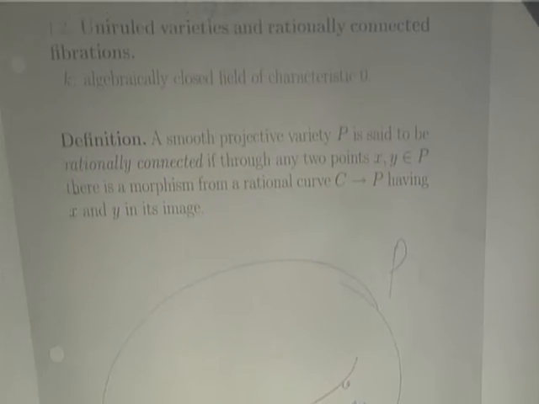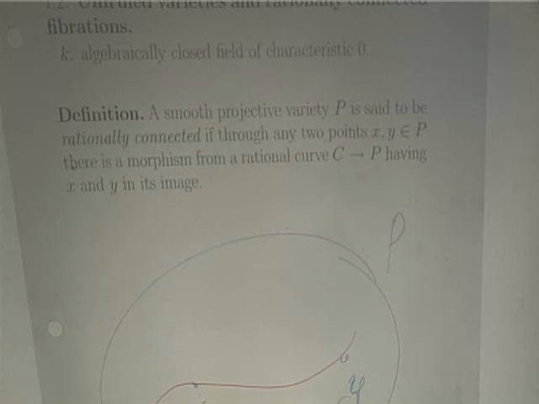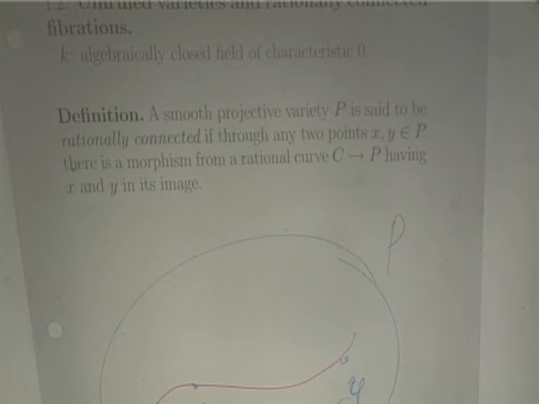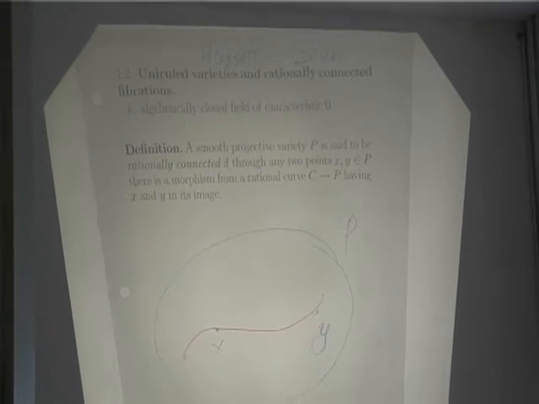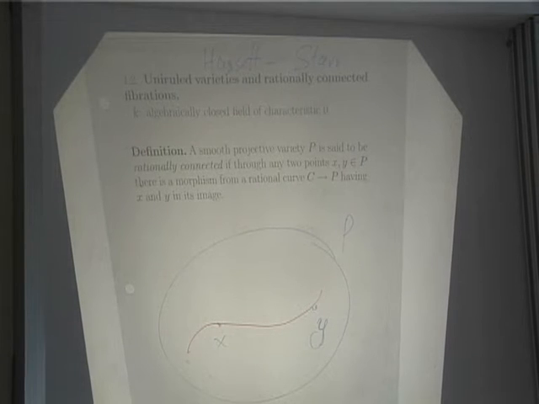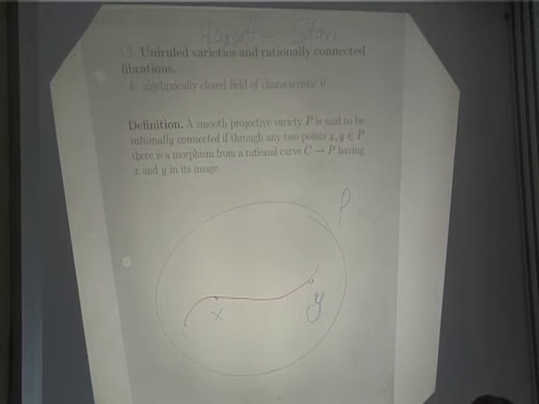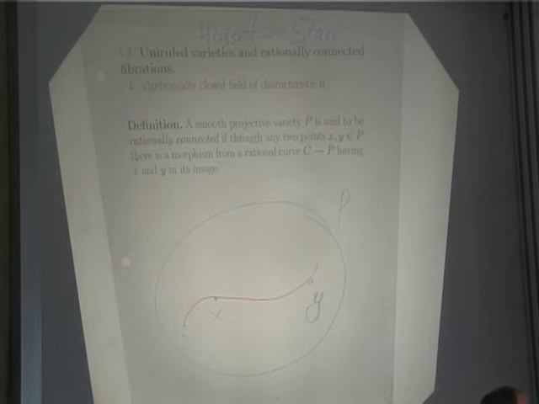The reason I say there is a map is because if P itself is a rational curve, what does it mean to draw a rational curve on a rational curve? And if P is a point, it is considered rationally connected, so you can't draw a rational curve on the point. Okay, so this is the picture.